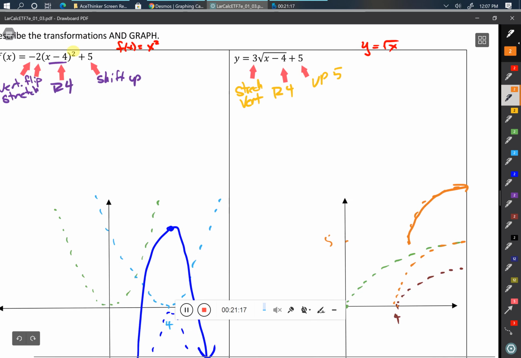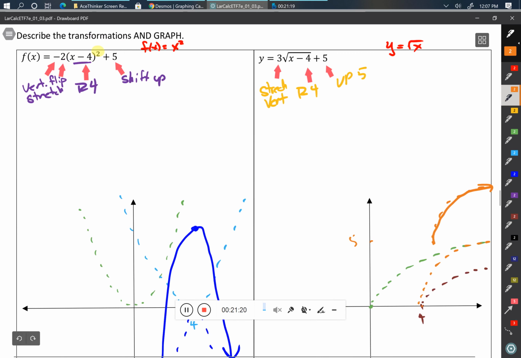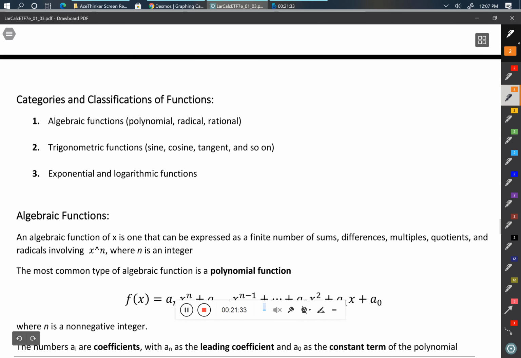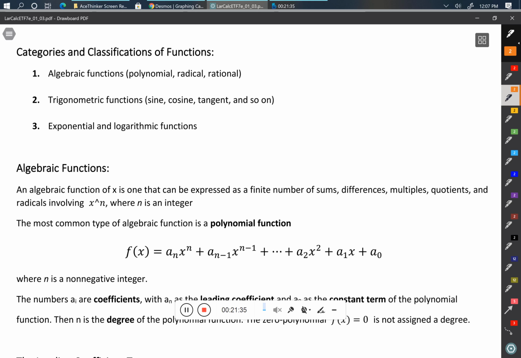So what you should be able to do is look at a function and say, okay, where did this start? What has happened to it? And be able to then say, oh, okay, I know what this graph should look like. Right? That's 20 minutes. I'm going to end the video here and come back with classifications and categories of functions, and that will be part 3.